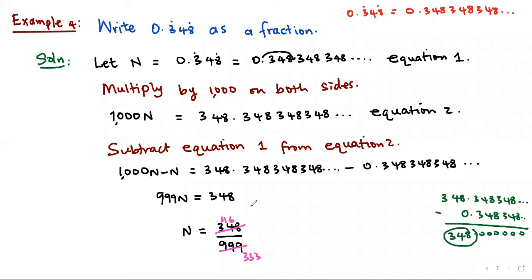So this means we have 116 out of 333. Our decimal, 0.348 repeating, as a fraction is 116 out of 333. This will be our answer.